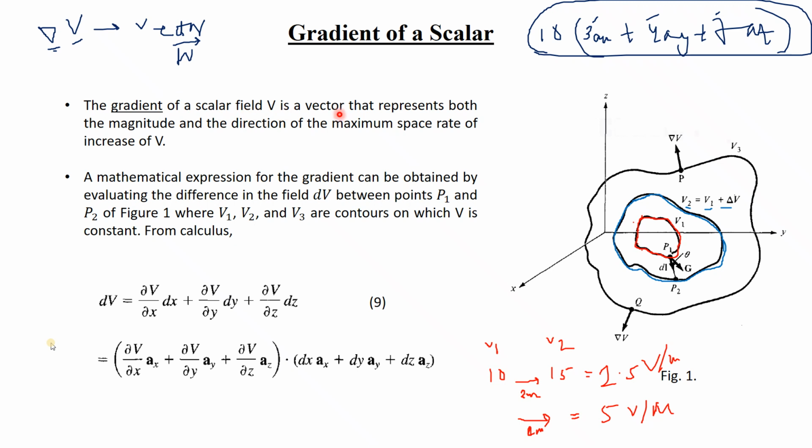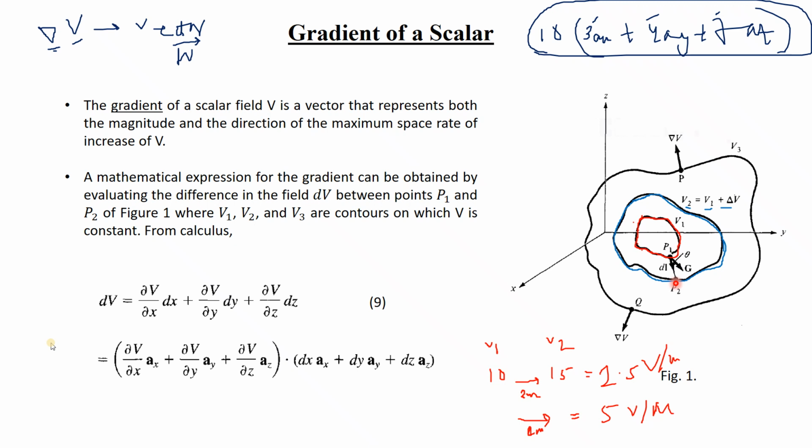The gradient of a scalar field V is actually a vector that represents both the magnitude and direction of the maximum space rate of increase of V. That means if there are multiple layers of equipotential surfaces, and you are jumping from one surface to another, you are increasing the potential.